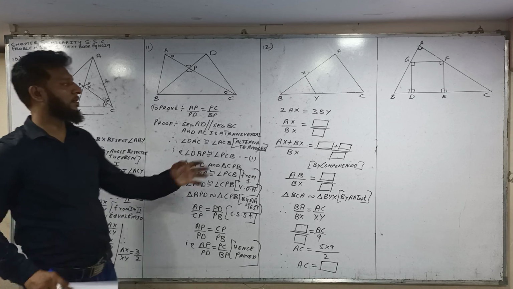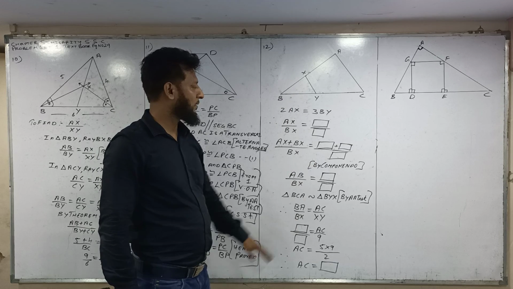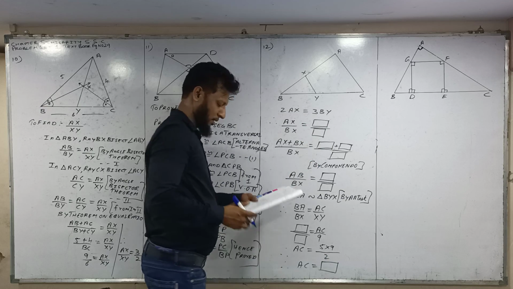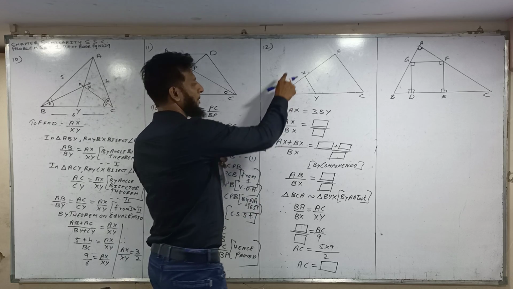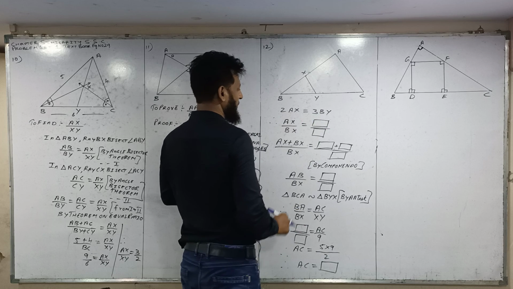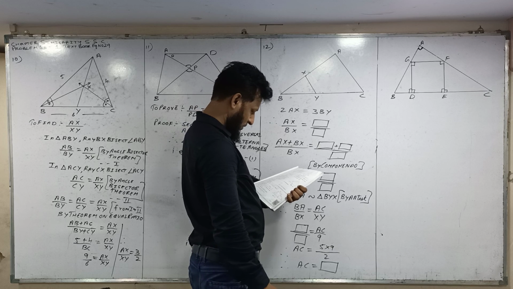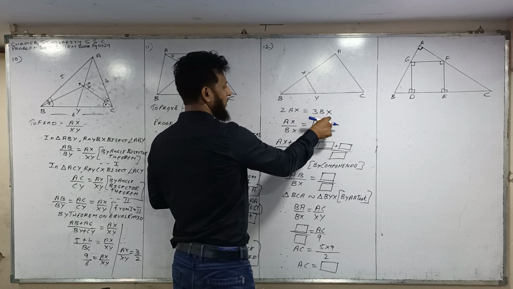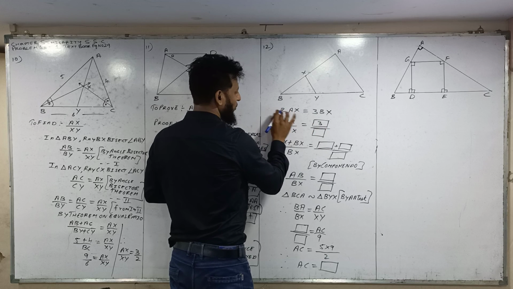Now in this sum we have to just fill in the blanks. 2AX is equal to 3BY, given. So what is your question? XY is parallel to AC, given, and 2AX is equal to 3BX. So BX will come here, 3 will remain as it is, 2 will come here.